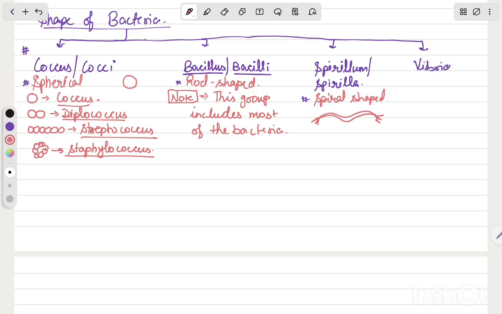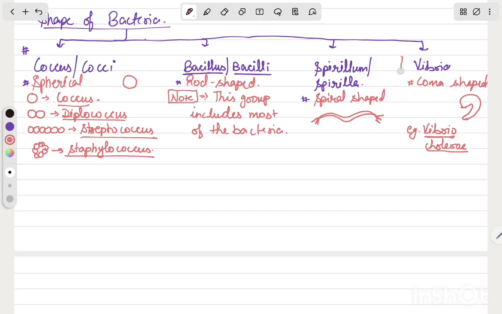In Vibrio, the shape is comma shaped. The bacterium will look like this. An example of Vibrio is Vibrio cholerae. This is a single name, Vibrio cholerae. Vibrio is the genus and cholerae is the specific epithet.